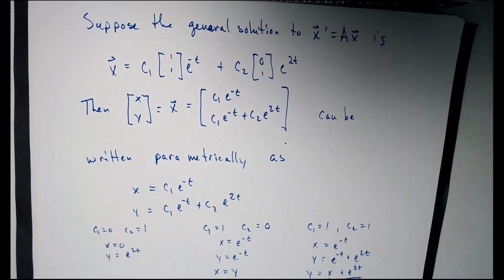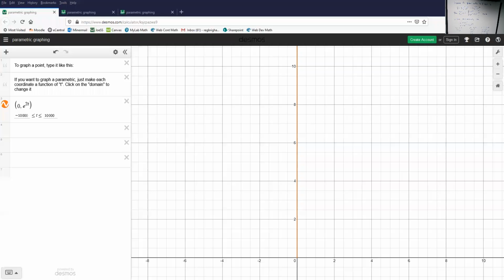So then let me share my screen here. I've gone ahead and graphed them, and I used Desmos's online app, but you can use any parametric grapher you can find. All right, so this is the first one.